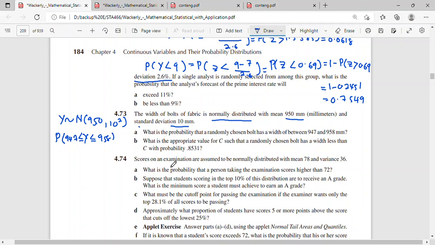So sekarang ni dekat sini dia dah bagi you nilai probability, but you need to find the value of C. Maksudnya probability the chosen box has the width less than C adalah 0.8531. Y less than C adalah 0.8531. Nak cari nilai C tu. Saya pakai sini lah.